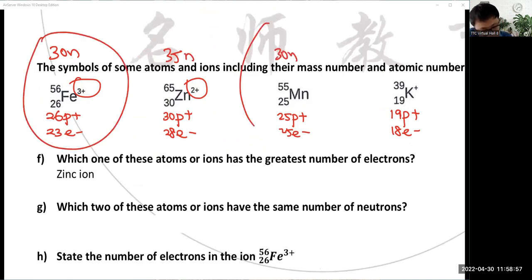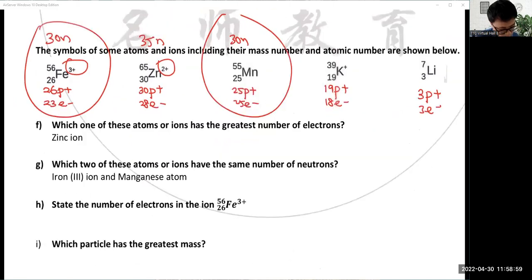So technically, we found these 2. And after that, state the number of electrons in the 56 and 26. We already told you here, 23 electrons. For the greatest mass, you have to check the mass number, the neutron number. So the greatest mass should be this zinc.